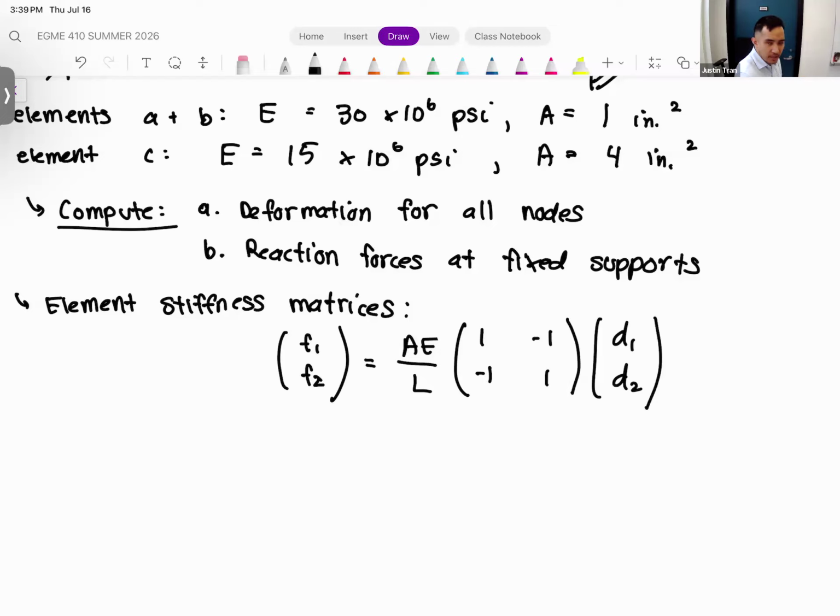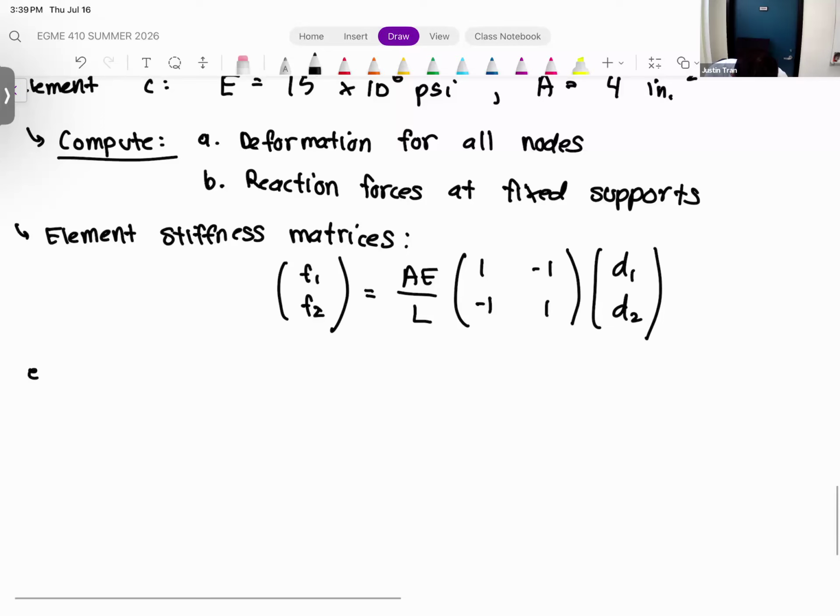So basically, for every element that we have, we're going to compute that expression AE over L. And remember, we have to modify the node numbers to match the nodes that our elements are connected to. All right, so let's start with element A.